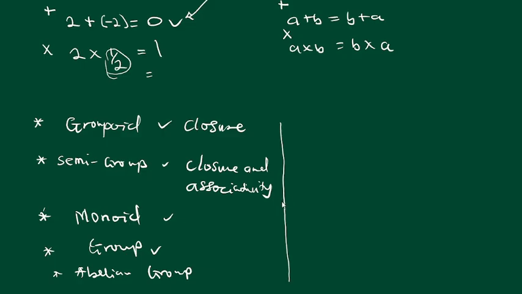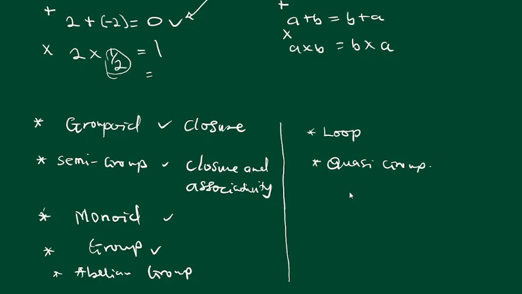Then when a binary system satisfies closure, identity, and inverse, it is called a loop. Then when a binary system obeys or satisfies closure and identity, it is called a quasi group. Yes. So that is that.